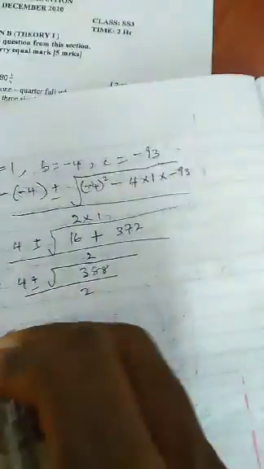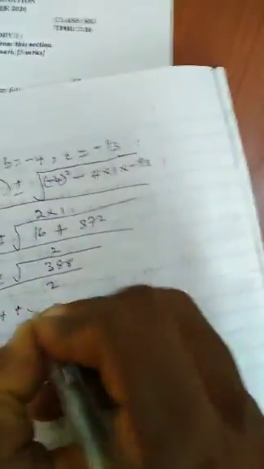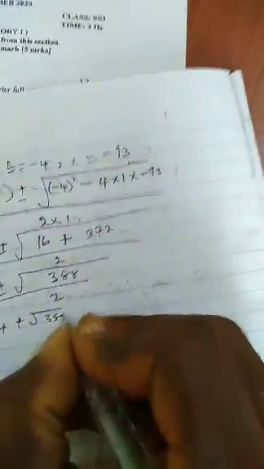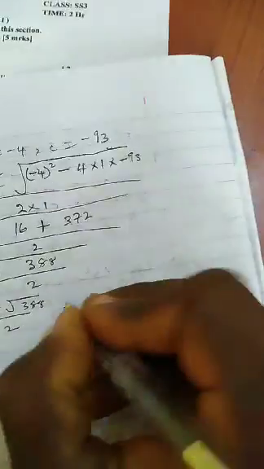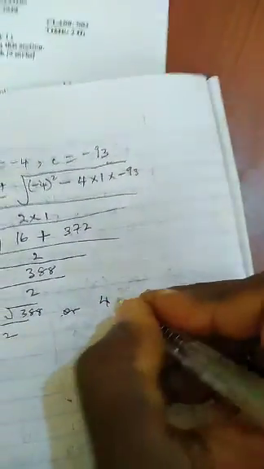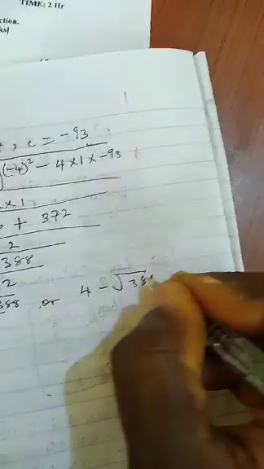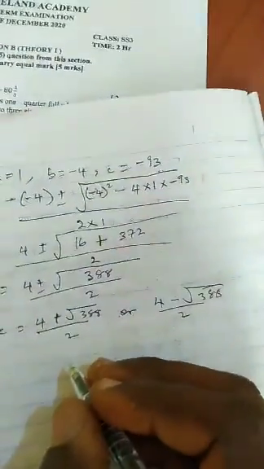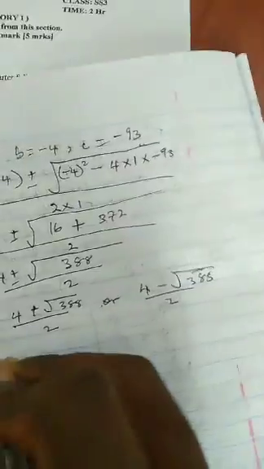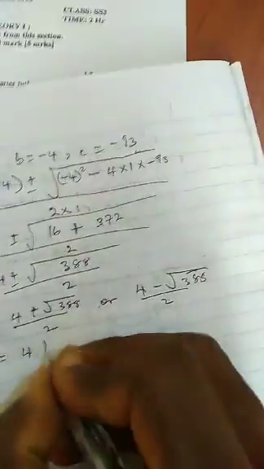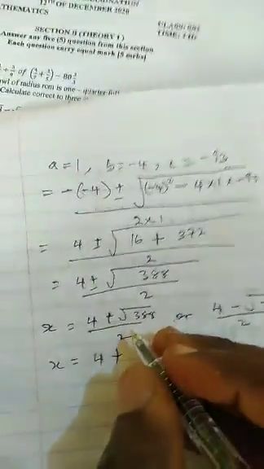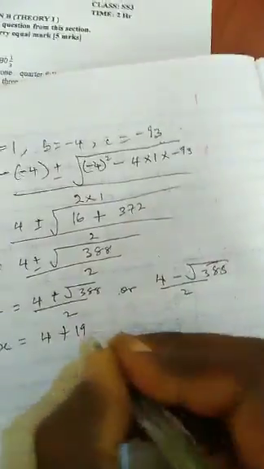So we say x equals 4 plus root 388 everything over 2, or 4 minus root 388 everything over 2.